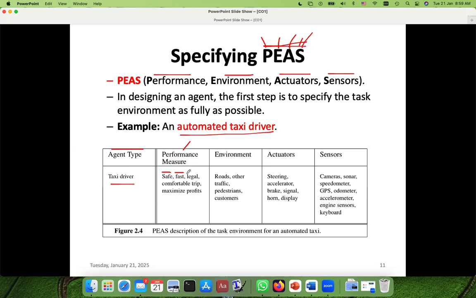These are the different contributors to measure the performance of your agent. Safe traveling, fast traveling, legal traveling, signaling, traffic rules or whatever. Comfortable trip, if the passenger is there, then comfortable trip.